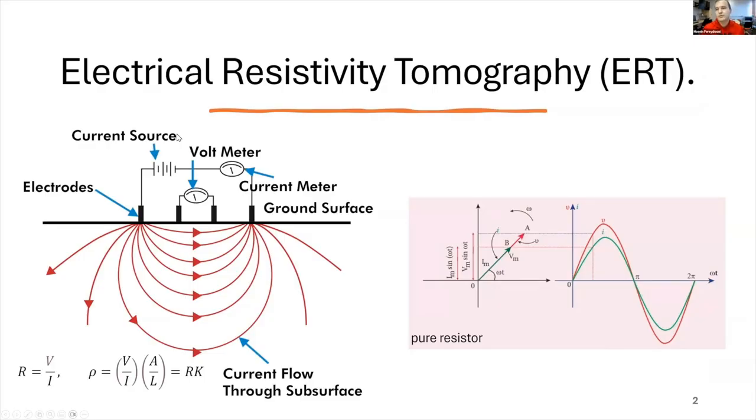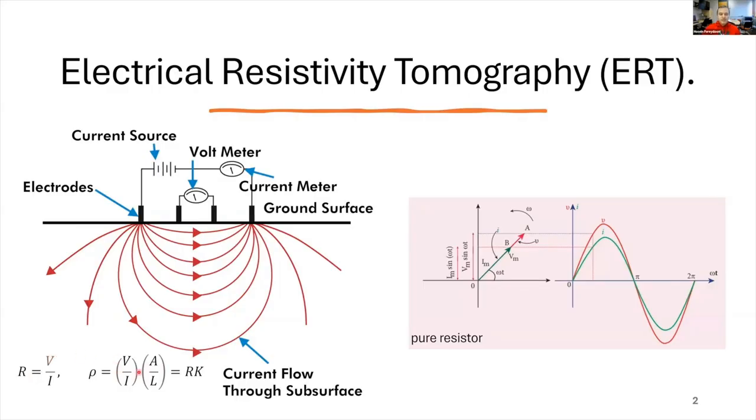electrical resistivity tomography. In electrical resistivity tomography, most geophysicists know that we send some DC current to the ground. At the same time, we have some electrodes that measure the voltage difference between these two current electrodes. And simply by using Ohm's law, we can calculate the resistivity of any material.